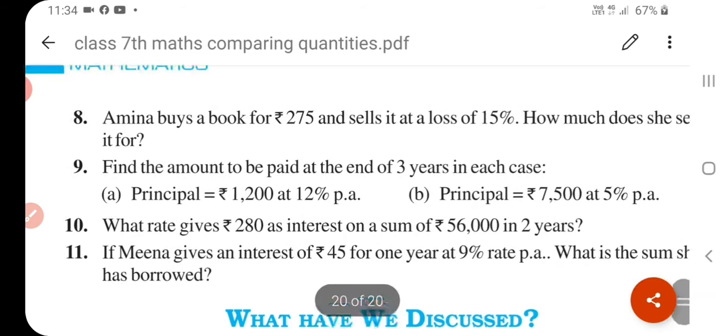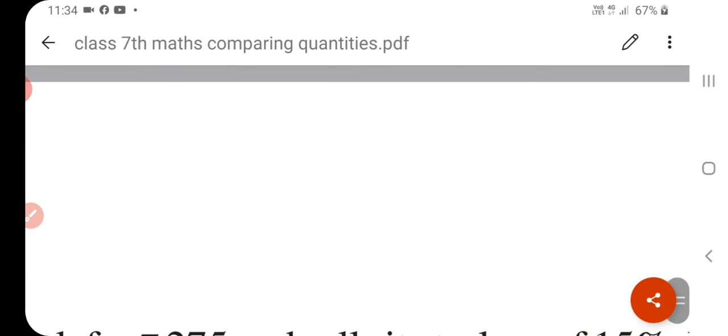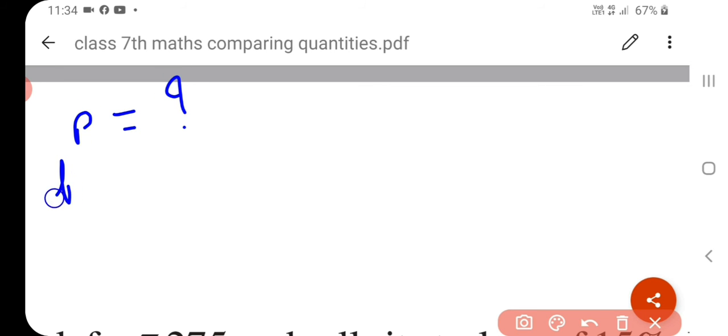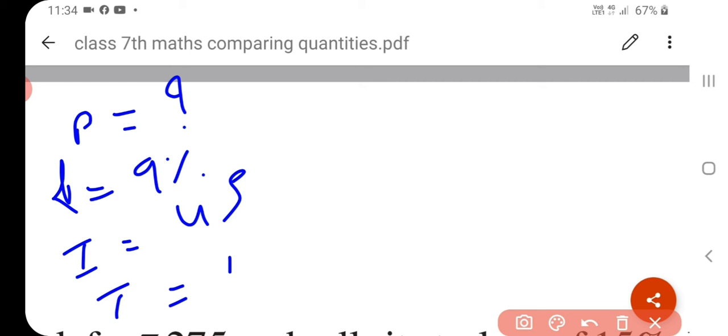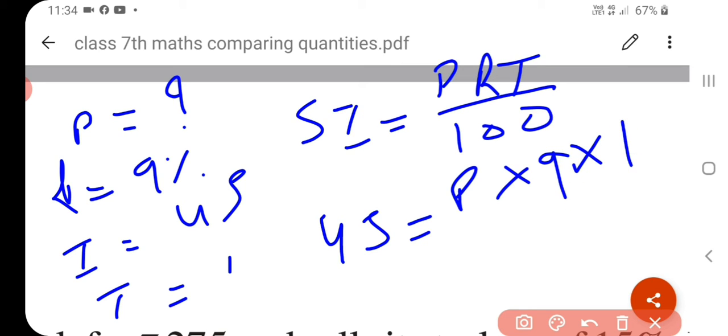Similarly, here principal you don't know, R is 9%, interest is 45, time period is 1 year. So simple interest is equal to PRT upon 100, where interest is given 45, P you have to find, R is 9, T is 1, upon 100.